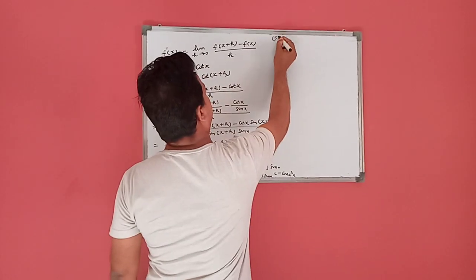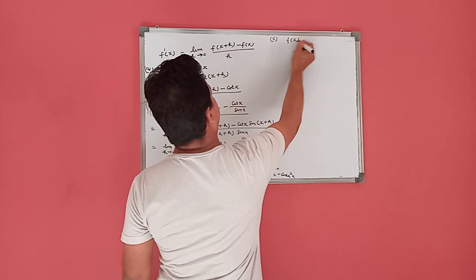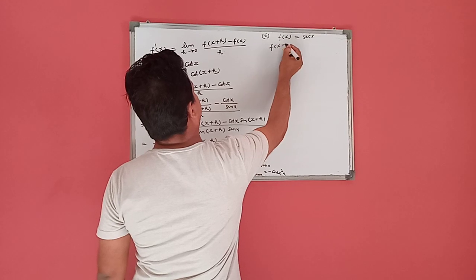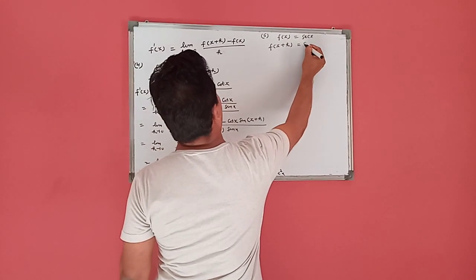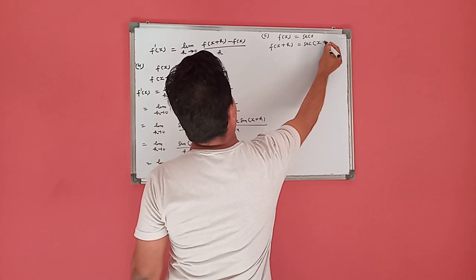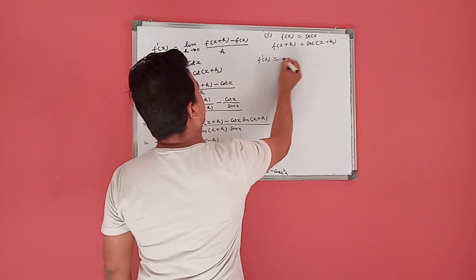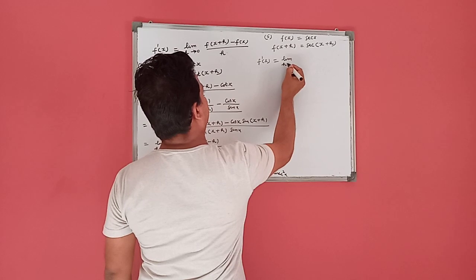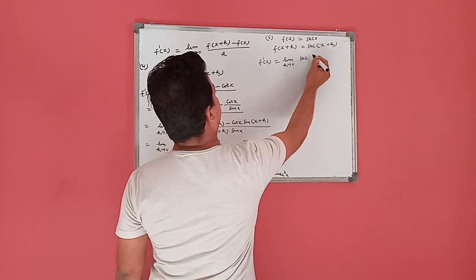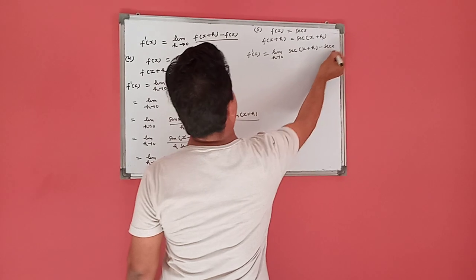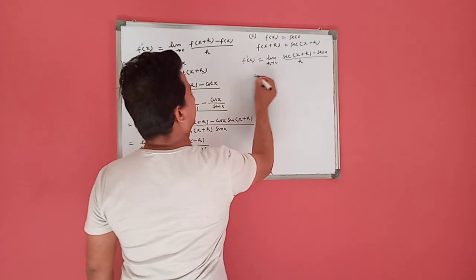In result number 5, f(x) is equal to secant x, then f(x + h) equals secant(x + h). According to the definition, f'(x) equals the limit of secant(x + h) minus secant x, divided by h.